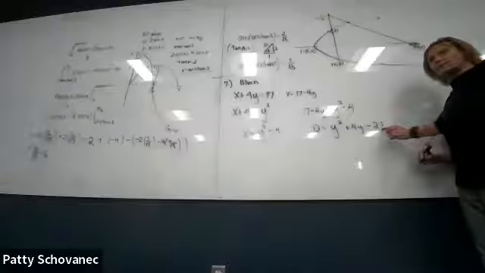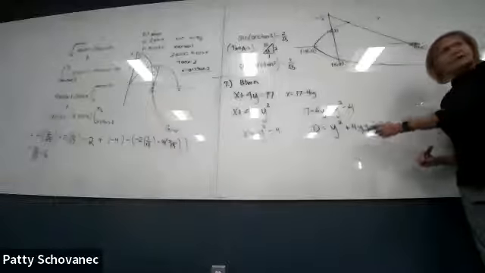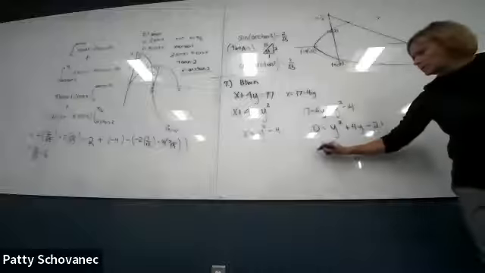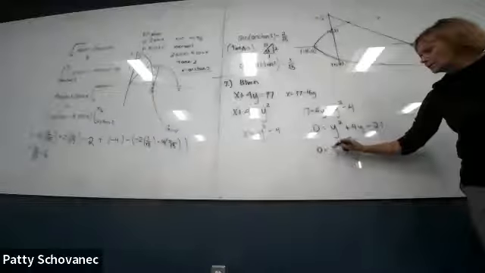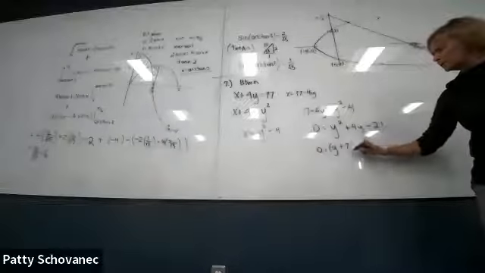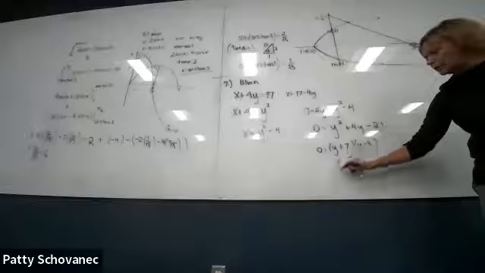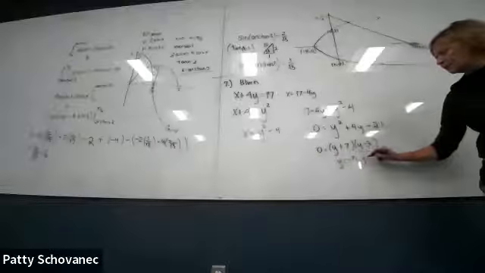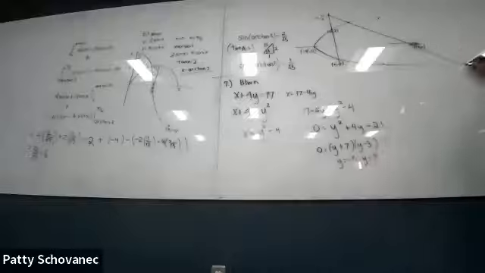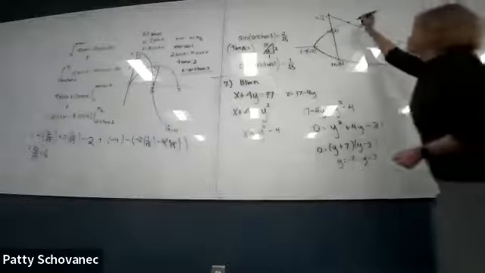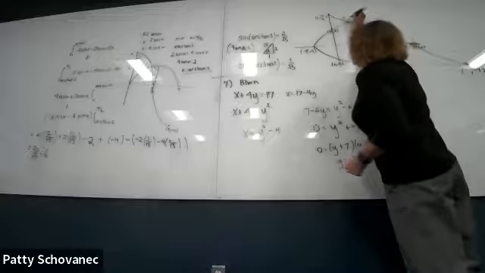I need factors of 21, opposite in sign, that add to a positive 4. So this is -3. So my 2 points of intersection are y is equal to -7 and y is equal to 3. I'm betting this one's the -7 and that one's 3.